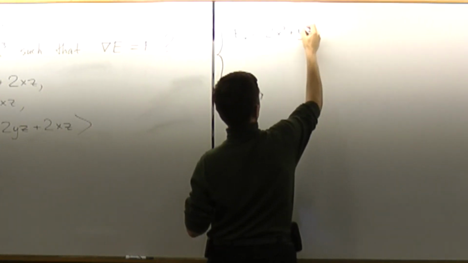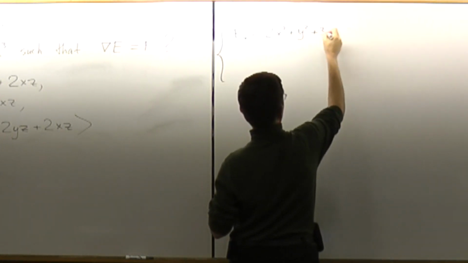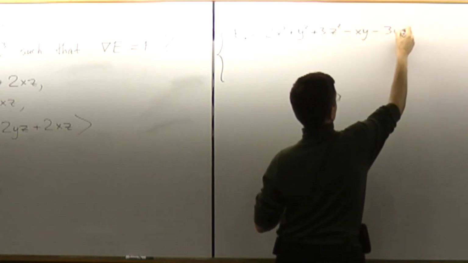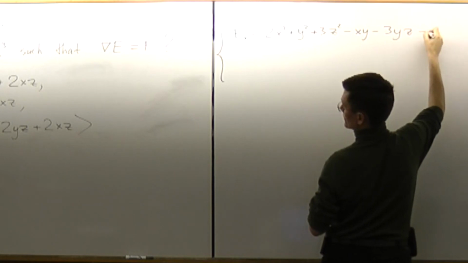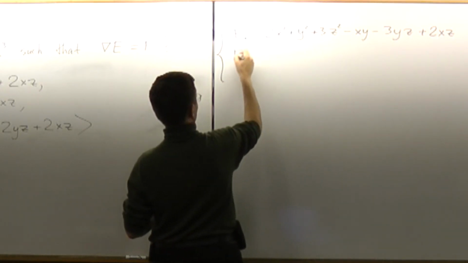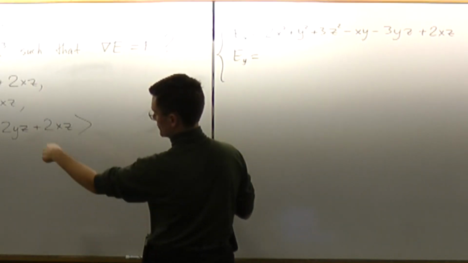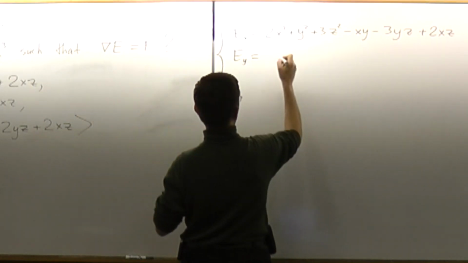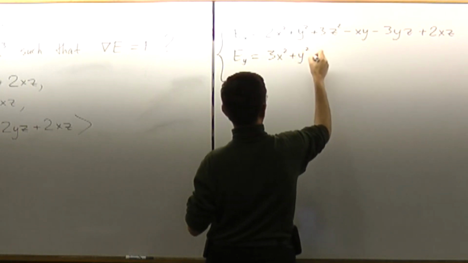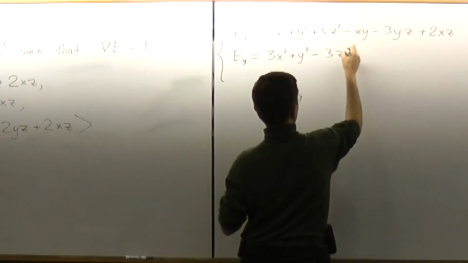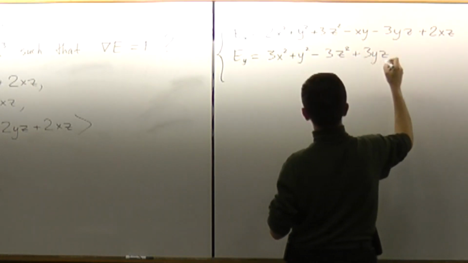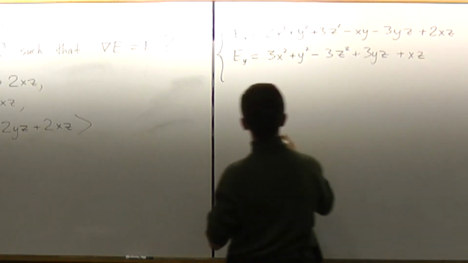2x squared plus y squared plus 3z squared minus xy minus 3yz plus 2xz. The second component, the derivative with respect to y of E, must be equal to 3x squared plus y squared minus 3z squared plus 3yz plus xz.